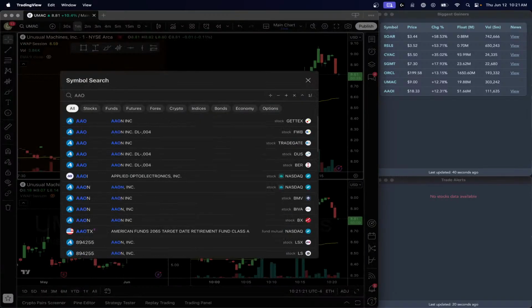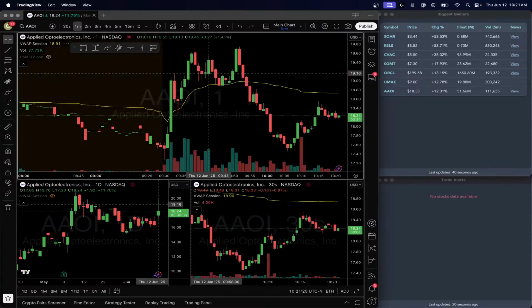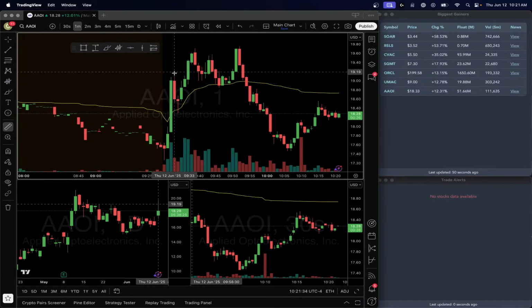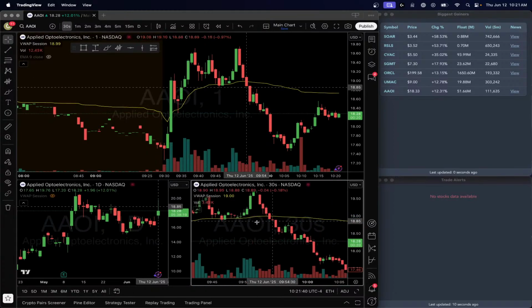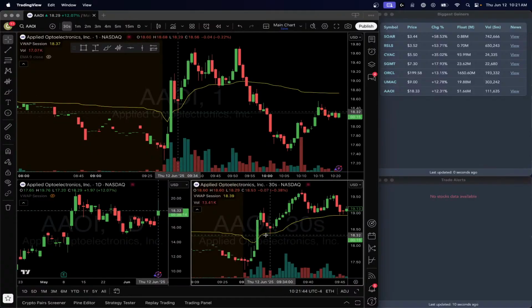Wouldn't do AAOI. I kind of missed that in the morning just because I didn't like the spread. That was a nice trade, I could have gotten in on a limit order. We ran up, had a pullback, and this held really nice. Let's look at the 30-second. That was a nice one.